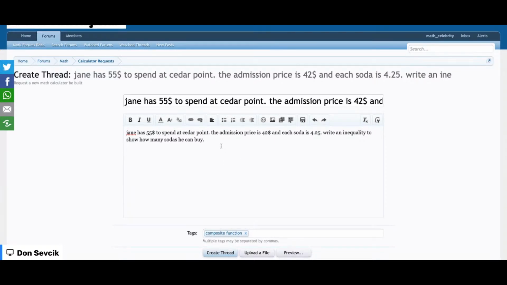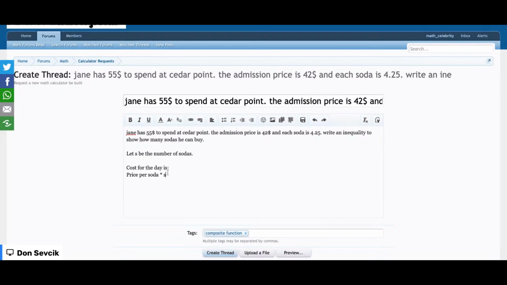Jane has $55 to spend at Cedar Point. The admission price is $42 and each soda is $4.25. Write an inequality to show how many sodas she can buy. Well, cost for the day is price per soda times, say, let S be the number of sodas.